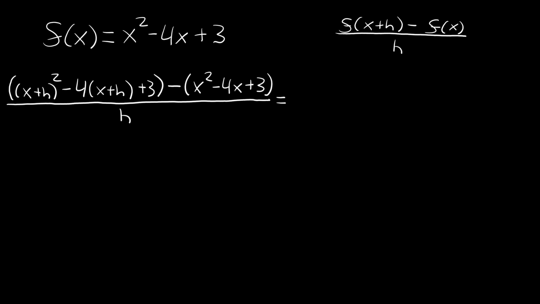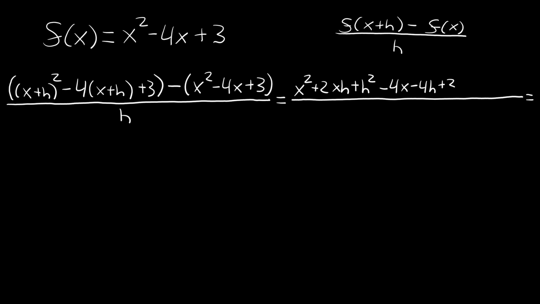We can then expand x plus h squared, distribute the negative 4, and then distribute the negative sign. X squared plus 2xh plus h squared minus 4x minus 4h plus 3 minus x squared plus 4x minus 3 all over h.